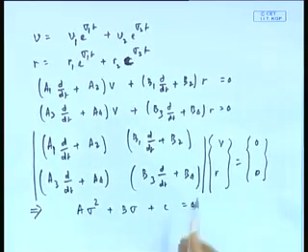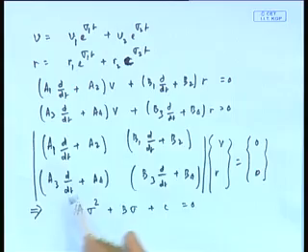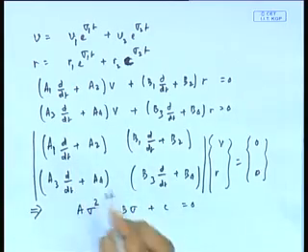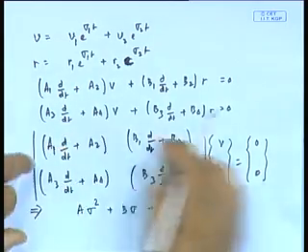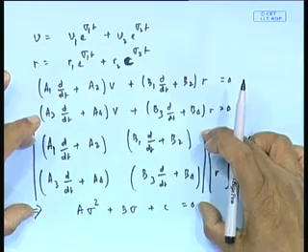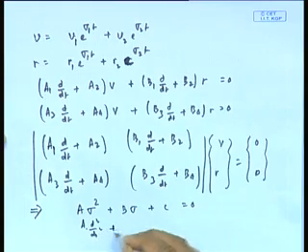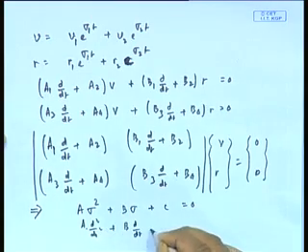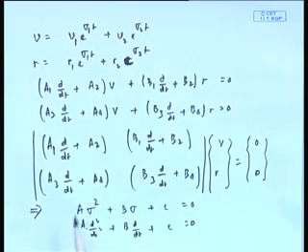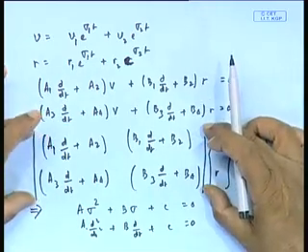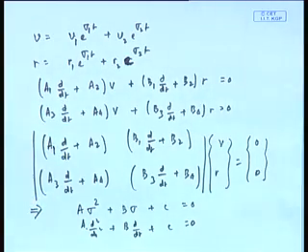The terms a, b, c will be, if I multiply this matrix, the terms that come as a d by dt square plus b d by dt plus c equal to 0. In other words, I think you all know this is what is meant by the characteristic equation that you will find in any differential equation solution course.